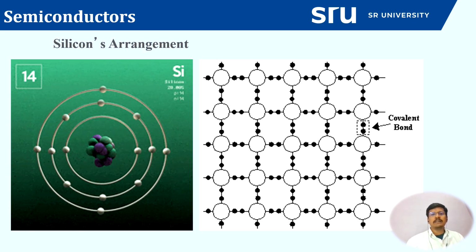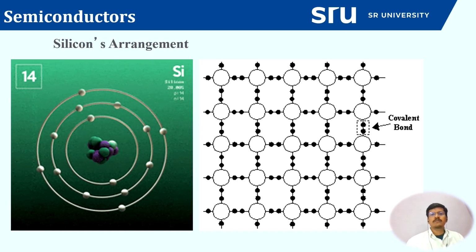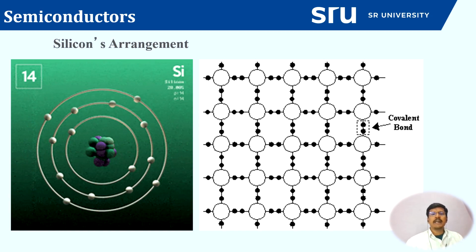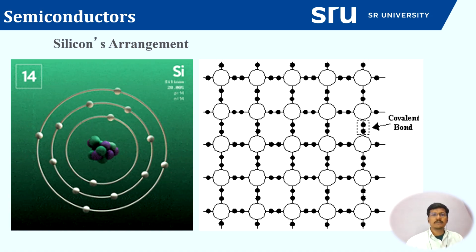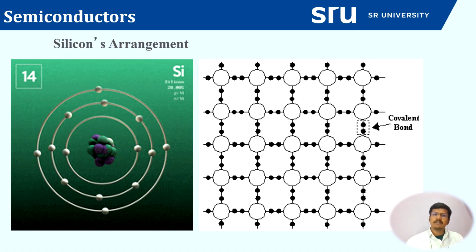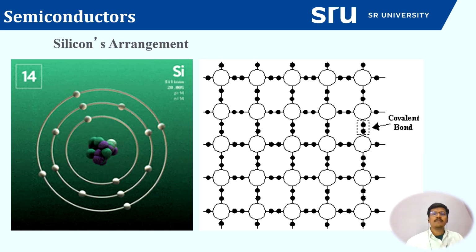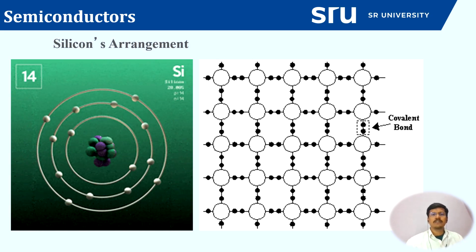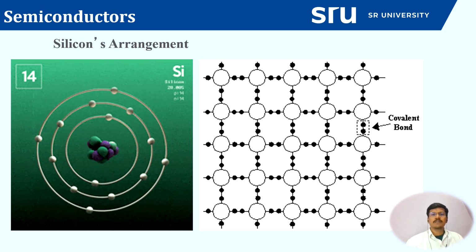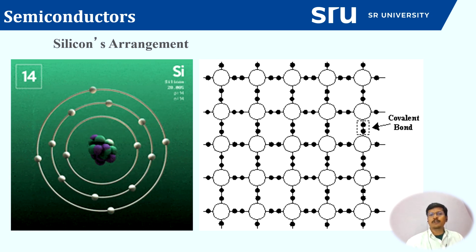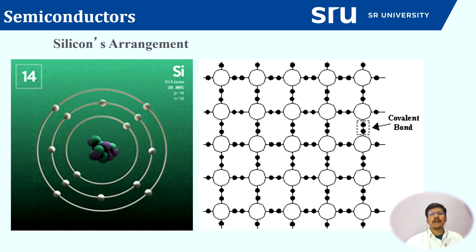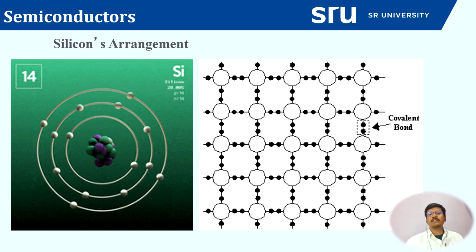This capability enables the creation of N-type and P-type semiconductors. Then we can create diodes, transistors, integrated circuits. Every modern microprocessor contains billions of transistors fabricated on the silicon wafer.